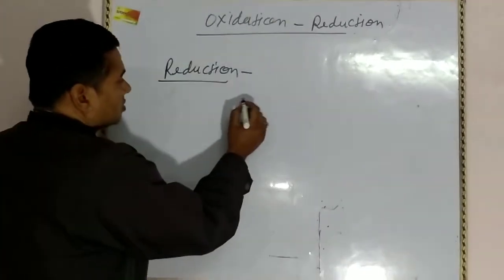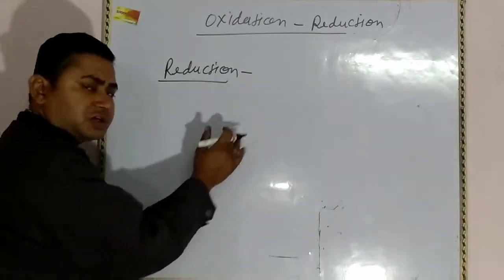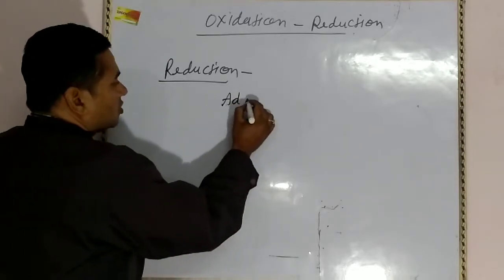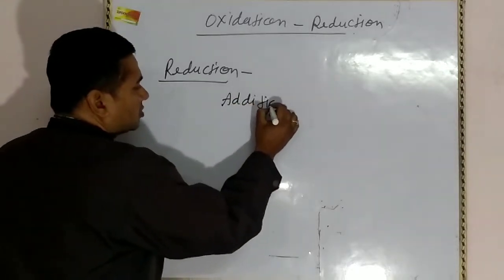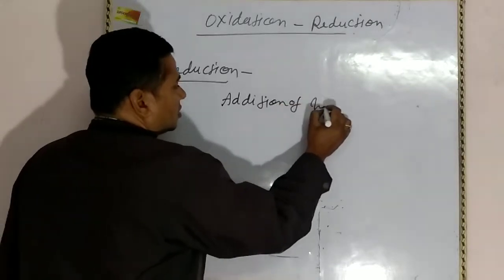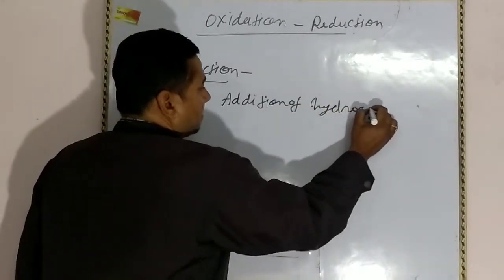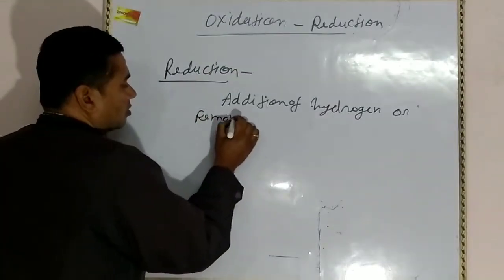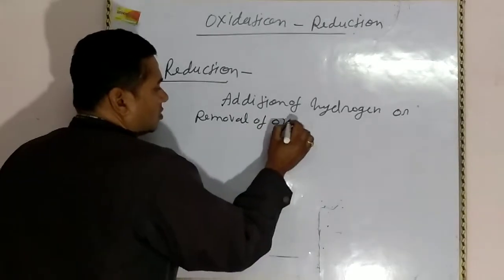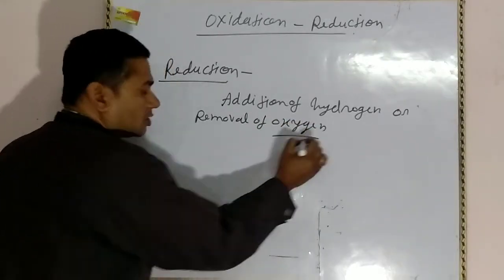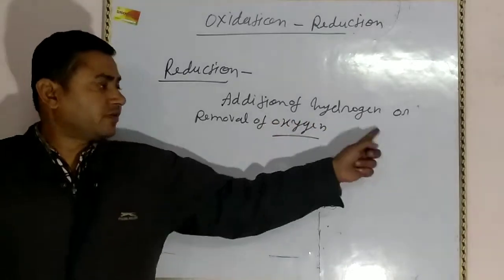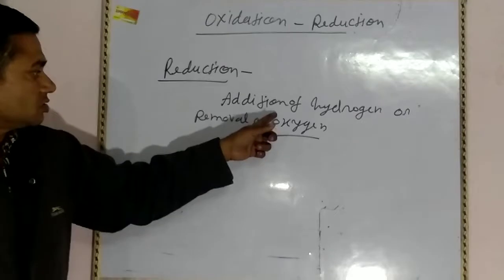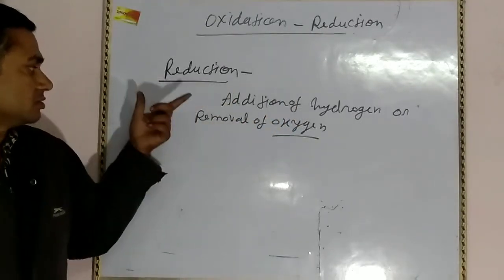It is just opposite to oxidation. Here you can write addition of hydrogen or removal of oxygen. So addition of hydrogen or removal of oxygen is called reduction. See how.